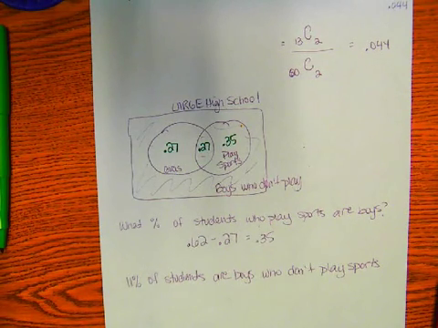Now, there's lots of other questions you can answer. For instance, if I said to you, what percentage of the kids who play sports are girls? How would you figure that out? Any ideas?